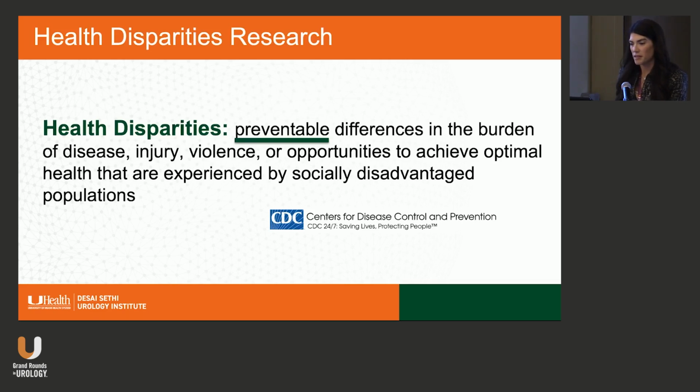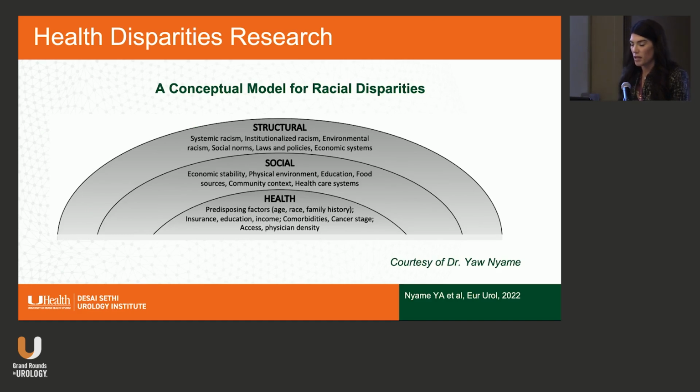Health disparities, as defined by the CDC, are preventable differences in the burden of disease to achieve optimal health experienced by socially disadvantaged populations. This is a model looking at the different layers of racial disparities and what goes into this.